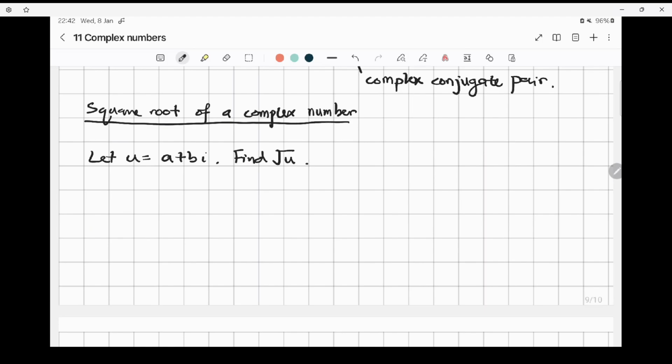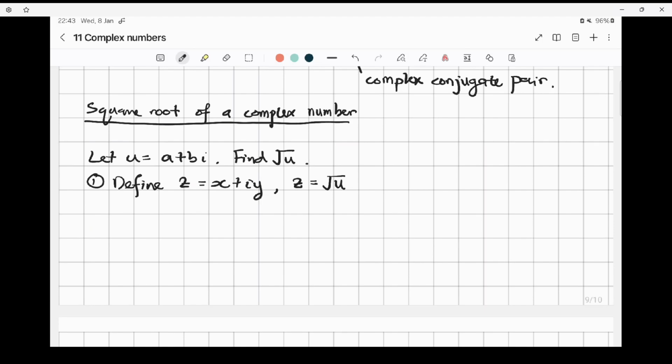The easier way for us to do it is to define, as the first step, another complex number, which we call z equals x plus iy. And then we also say that z equals the square root of u. Essentially what we are doing is defining another complex number, written as z, to be equal to the square root of u.